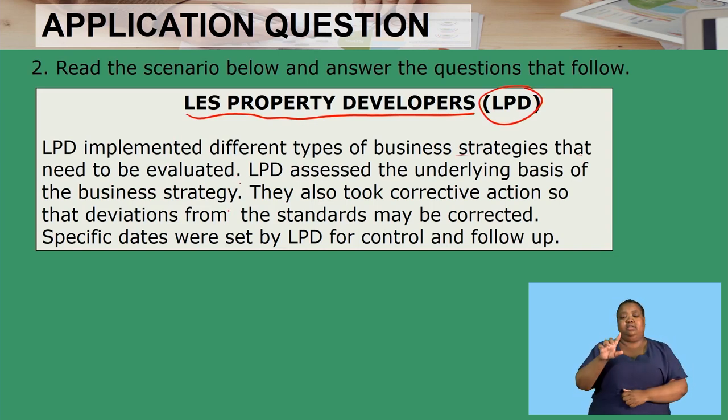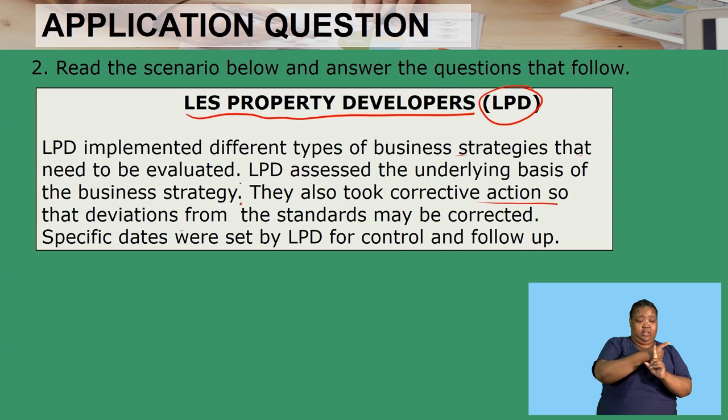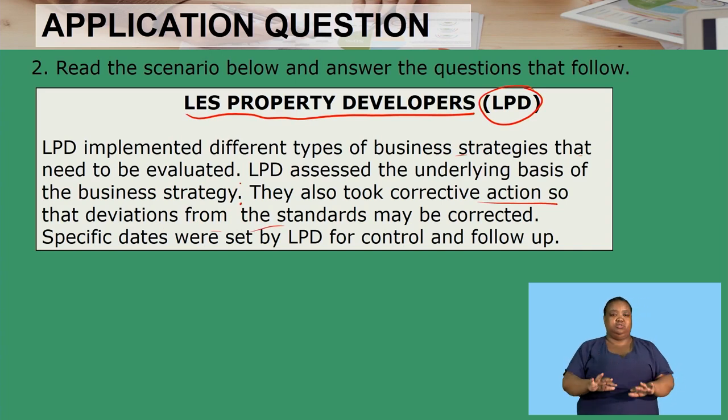LPD assessed the underlying basis of the business strategy. They also took corrective action so that deviations from the standards may be corrected. Specific dates were set by LPD for control and follow-up. So this is what LPD has done in their business.